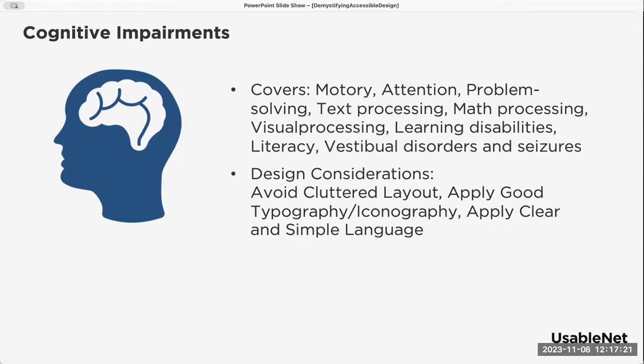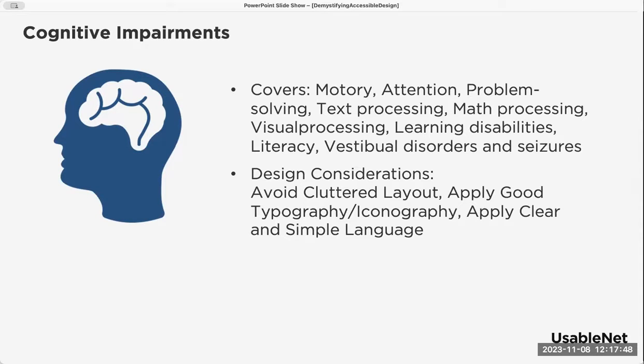Apply good typography and iconography, so apply legible fonts that are suitable for UI purposes and use highly recognizable icons. And finally, also simplify your language to make it understandable and clear for the vast majority of users, but in particular for those who may be struggling with literacy problems.